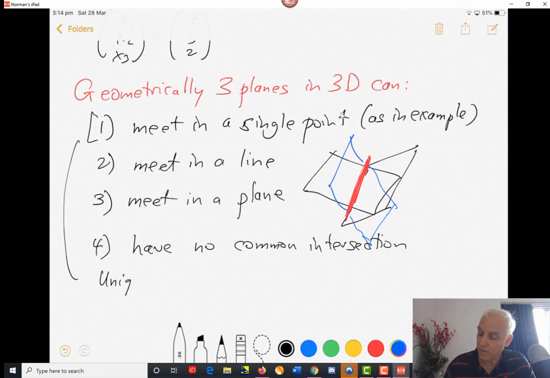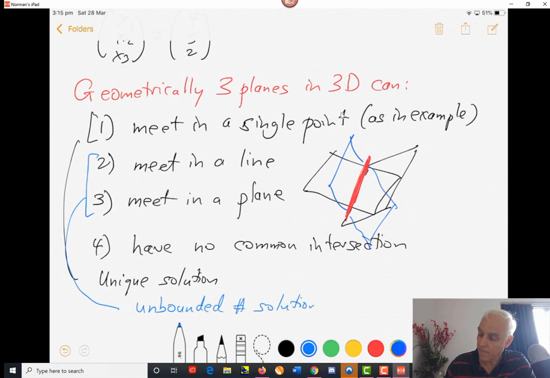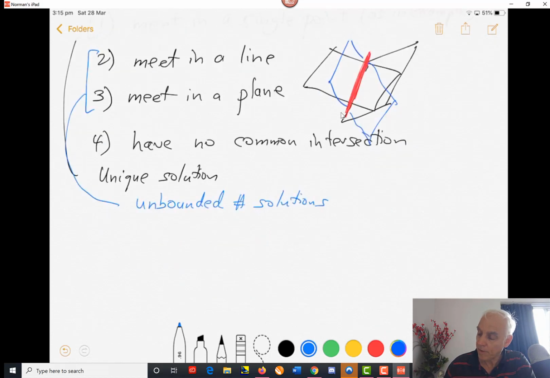This first one, unique solution. And then these two, whether they meet in a line or a plane, that would be an unbounded number of solutions. And this other possibility, say this one here, that would be no solution.